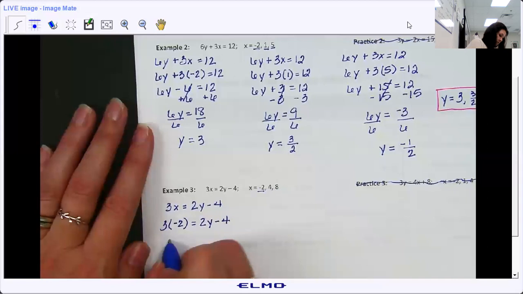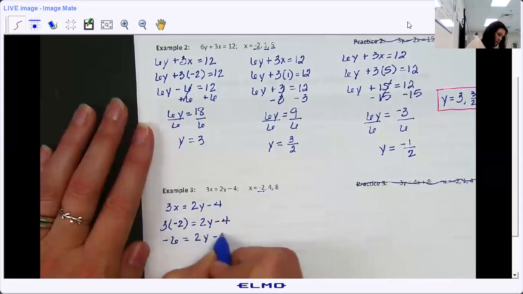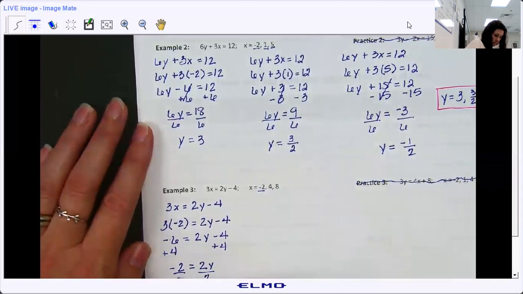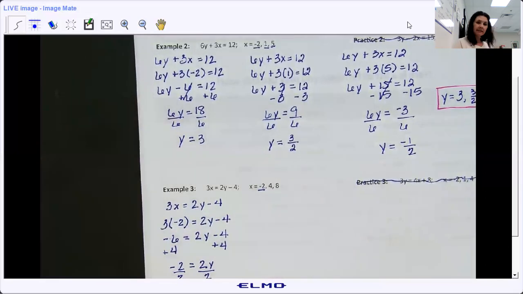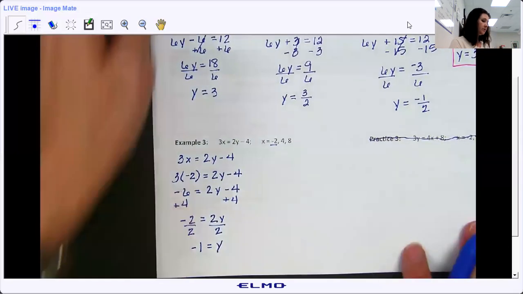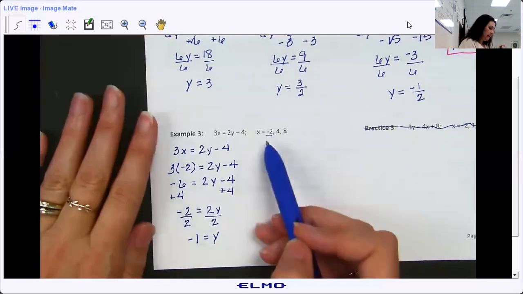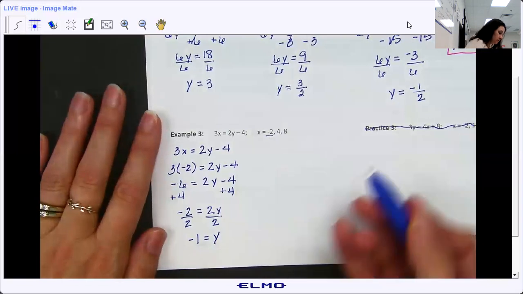Okay, so I'm going to add 4 to both sides. And a lot of students ask, can I leave my final answer like this? And the answer is yes. You don't always have to have your variable first. Okay, so when x is -2, y is -1.